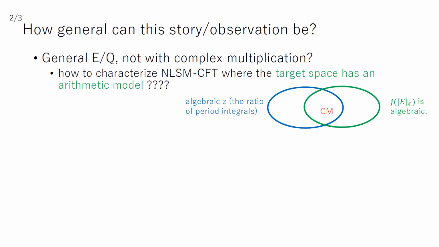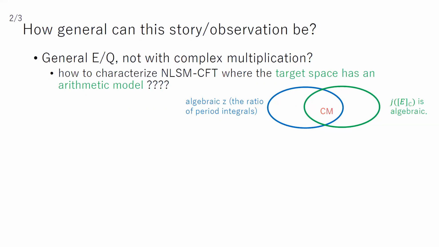Then, do we have similar string theory observables that reproduce the weight 2 modular forms? No idea, because we need to get started with the question of what kind of criteria or characterization we are supposed to have for a nonlinear sigma model CFT when the target space just happens to have the J invariant being algebraic. I'm sorry, the J invariant being rational numbers.